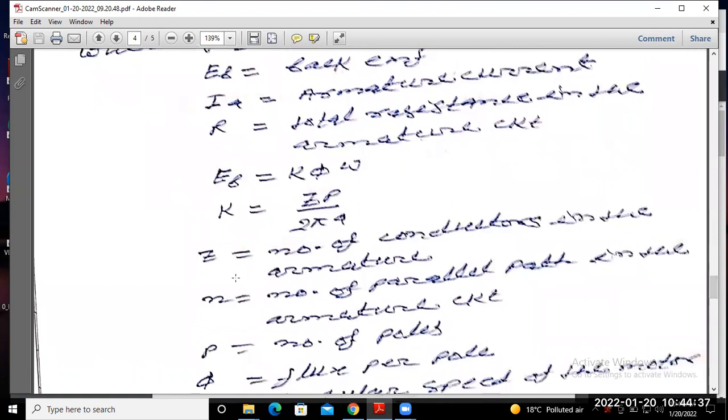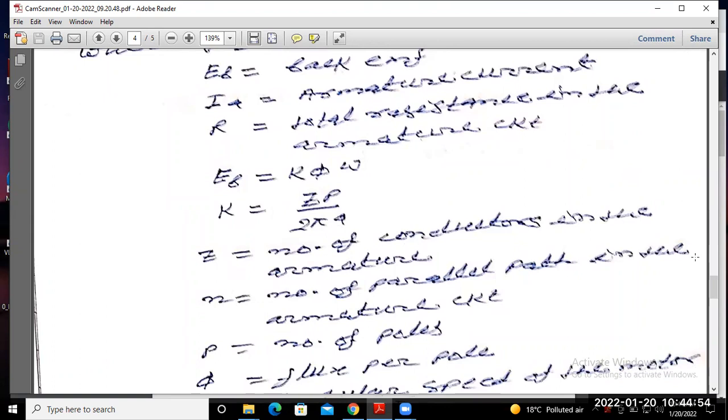Sorry, this one is A, not N. Actually, A is the number of parallel paths in the armature circuit, phi is the flux per pole, and omega is the angular velocity in radian.